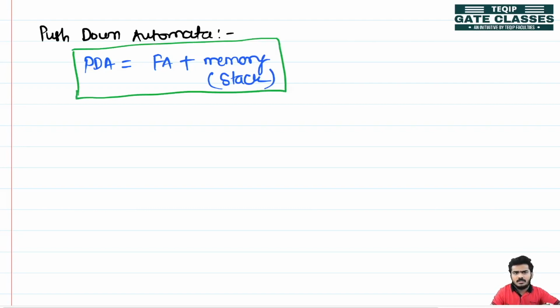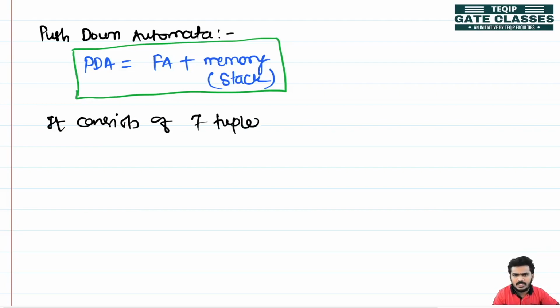Earlier we have seen the definitions of DFA, NFA and epsilon NFA in terms of tuples. Similarly, we are going to see the definition of push down automata in terms of tuples. It consists of 7 tuples.